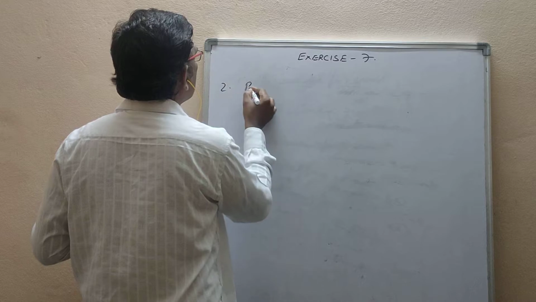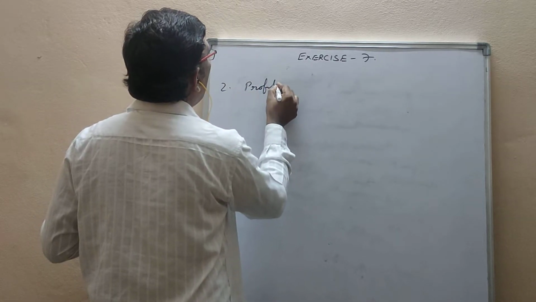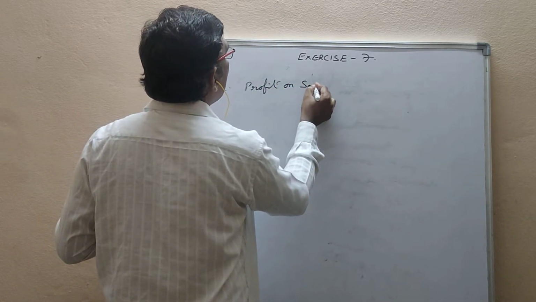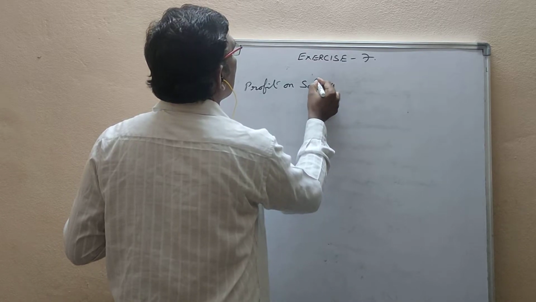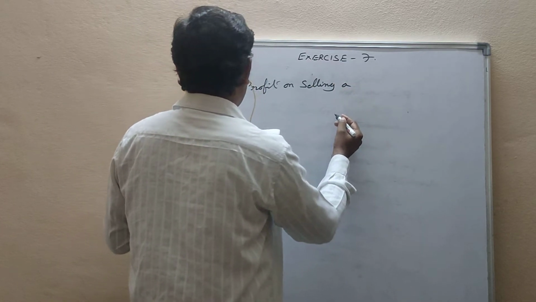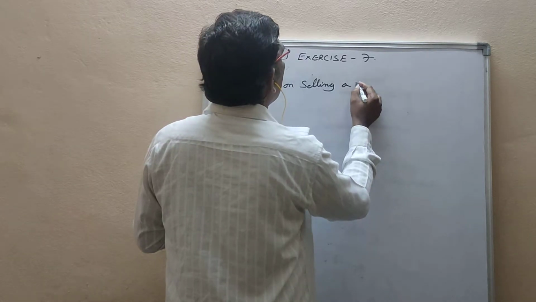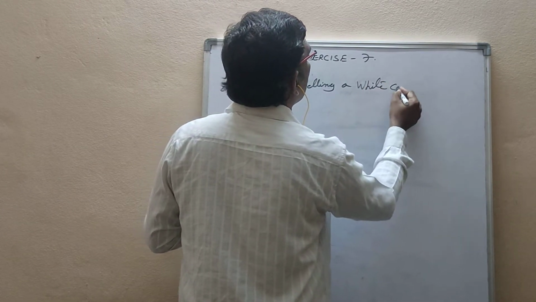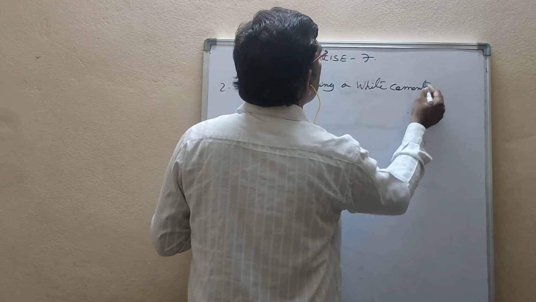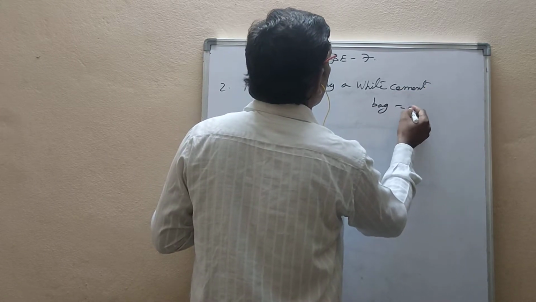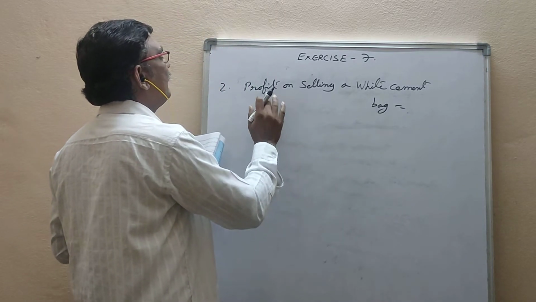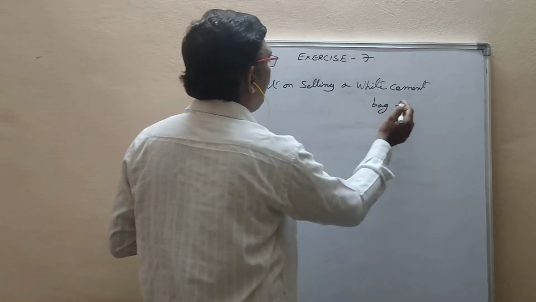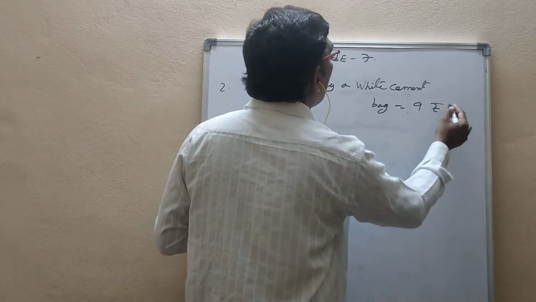Profit on selling a white cement bag. One white cement bag, if he sold, how much profit will he get? 9 rupees profit he will get.